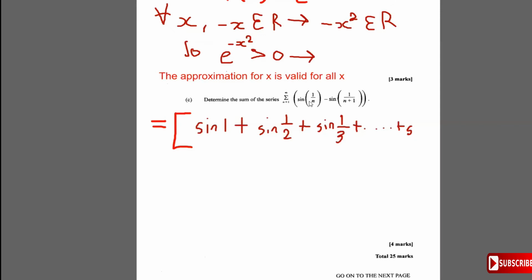So when you plug in infinity, you're getting the sine of 0, minus, starting from here, plugging in n as 1, you're going to get the sine of a half, plus the sine of 1 over 3, plus, you're going to keep on doing this until you plug in infinity again, and you're just going to get plus sine of 0.